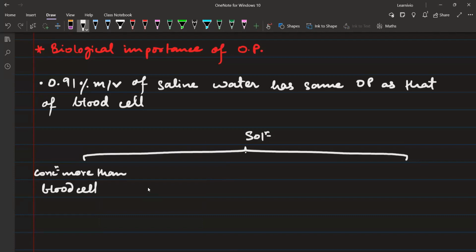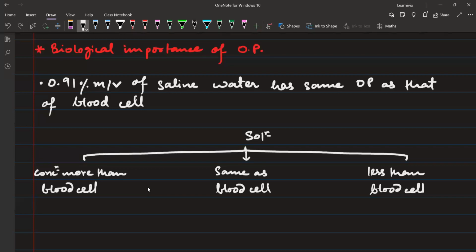Another could be same as blood cell. Another could be less than blood cell.